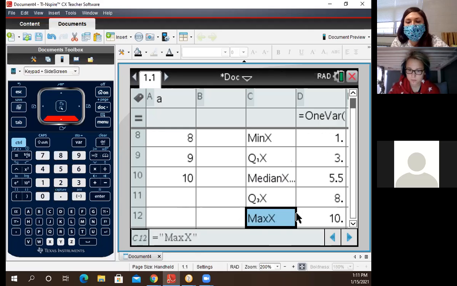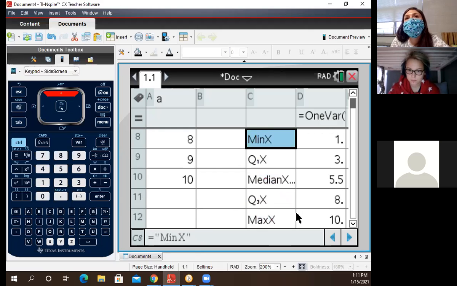And then let me scroll down here. Min X is my minimum value for my data set. Because we had a dot plot, it was pretty easy to see that minimum value. But if my data was presented as just a list of numbers, not in order, having my calculator pick out that minimum may be pretty nice. And then notice it gives me Q1, that first quartile.